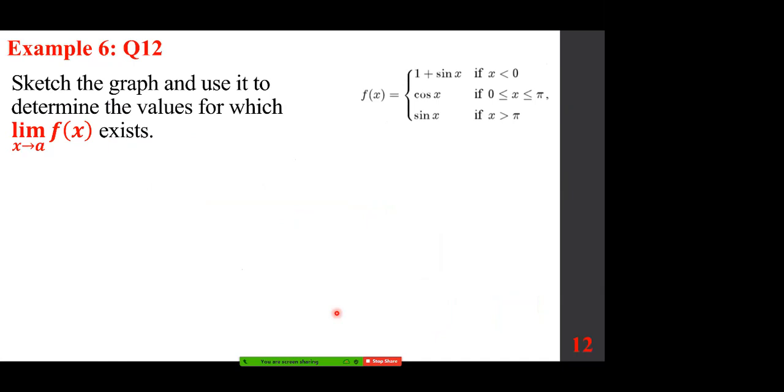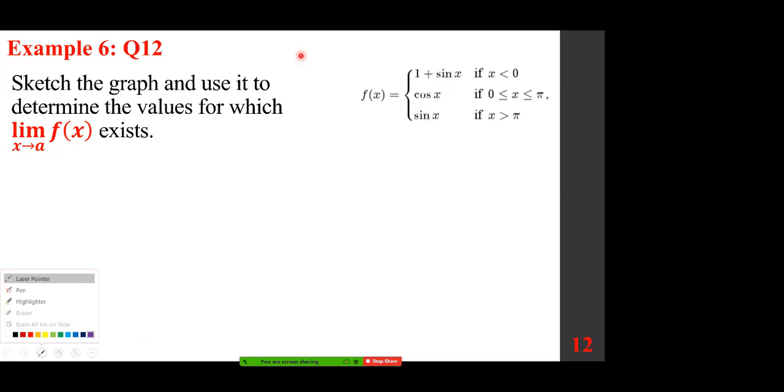All right. Let's look at the next example. We want to sketch this graph, just to give you an idea, class. I hope you remember the graph of sine x and then cosine x. Just a quick recap of what you probably remember.